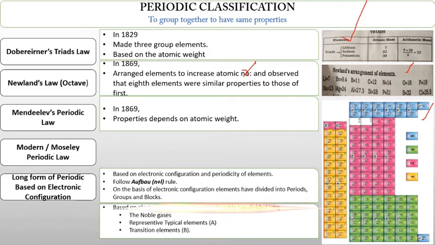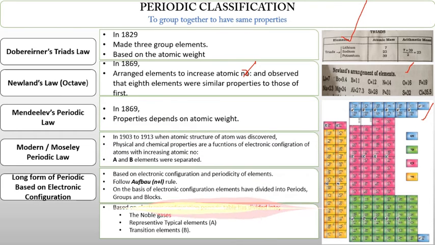Now, the modern Moseley periodic law. The modern periodic law was based on atomic number. In 1903 to 1913, atomic structure was discovered. Therefore, it helped Moseley arrange the periodic table according to increasing atomic number.